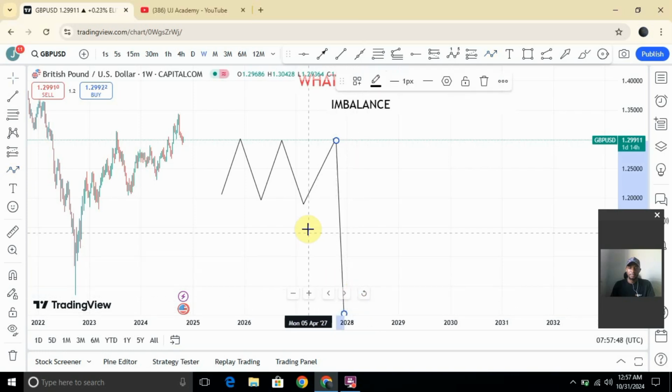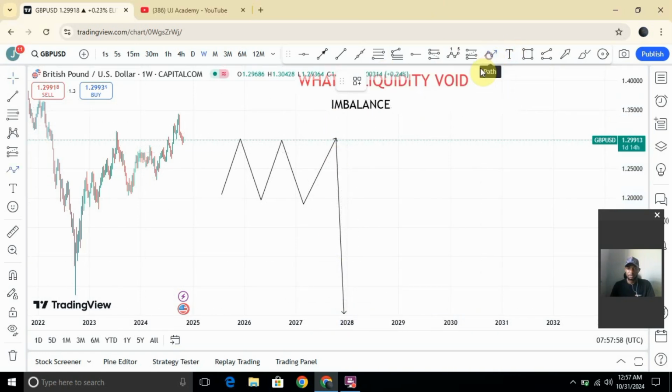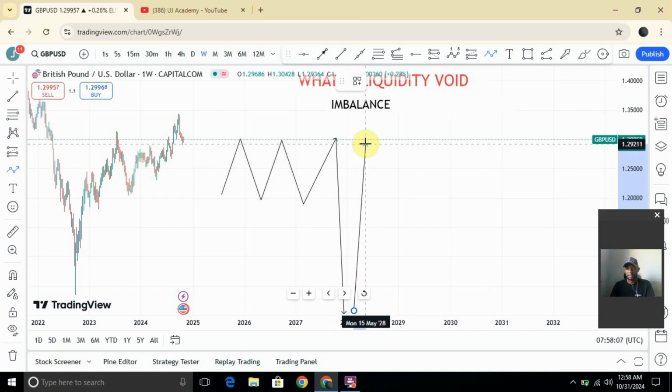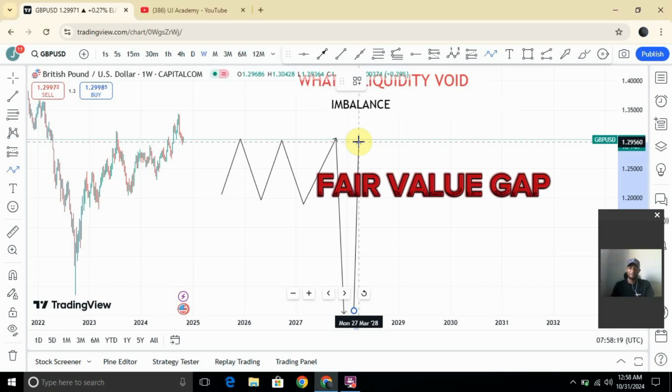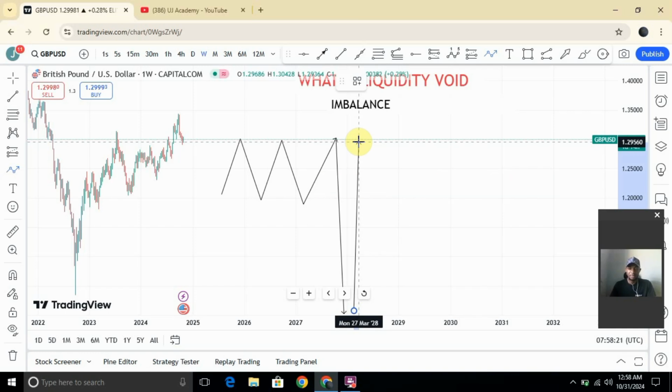Now, in this kind of market, where there's an imbalance, in no time the market will always come back to fill in this void it has created, to cover up this imbalance it has created and make it balanced. Now, liquidity void is also another term for fair value gap. They almost mean the same thing.